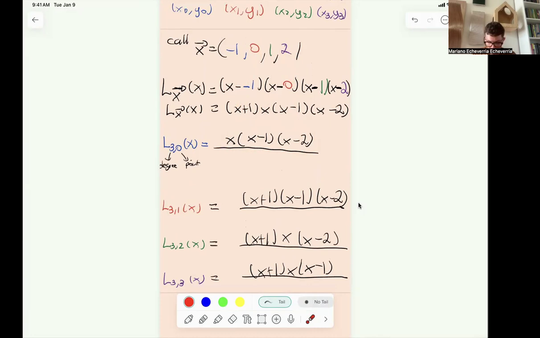At -1, it won't be 0, but it's also not going to be 1 either. I want it to give me the value 1 at -1. So what I'll do is plug -1 into this formula and then divide by that. So I'll plug in -1 times -1 minus 1 times -1 minus 2.